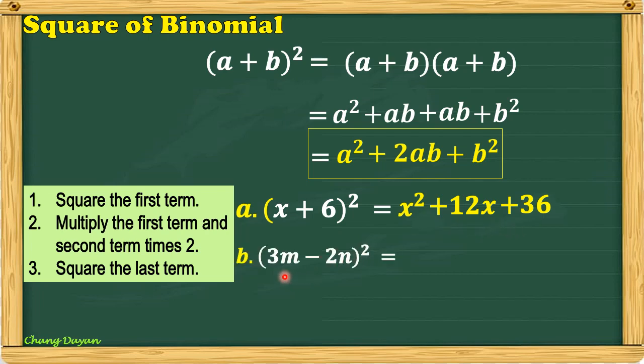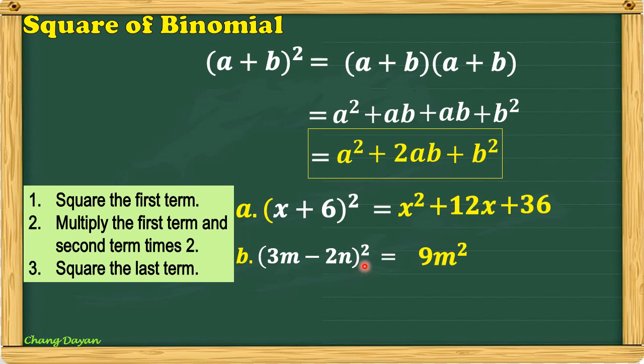For letter B, 3m minus 2n times 3m minus 2n. Again, square the first term. So 3m times 3m is 9m squared. Multiply the first term and the second term times 2. So 3m times negative 2n times 2.